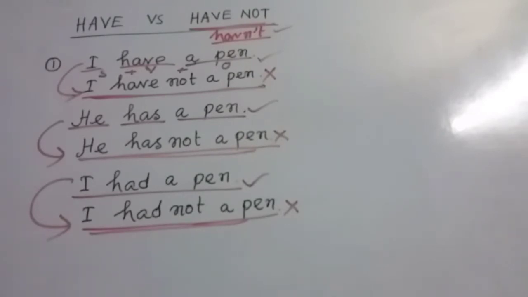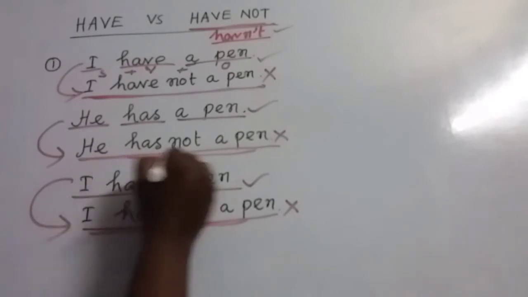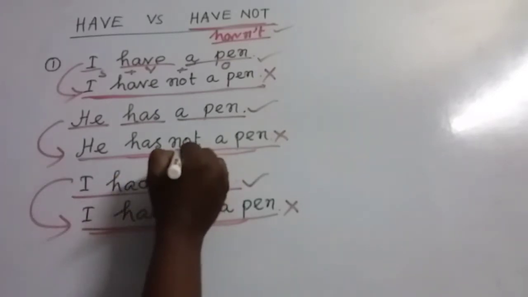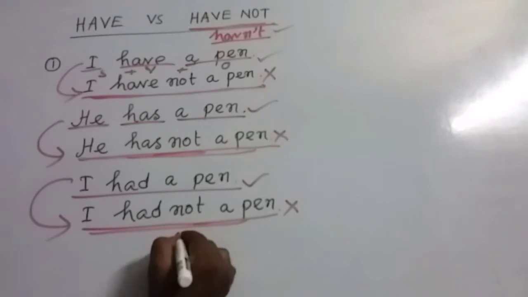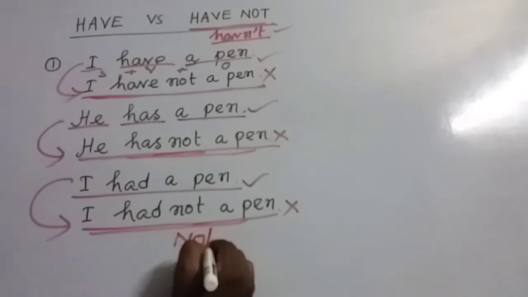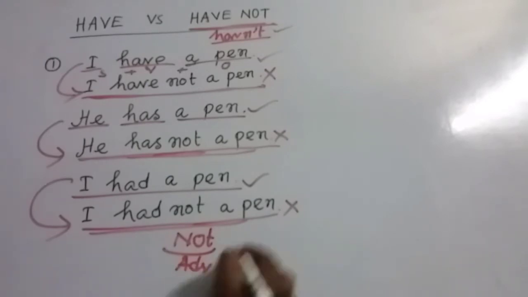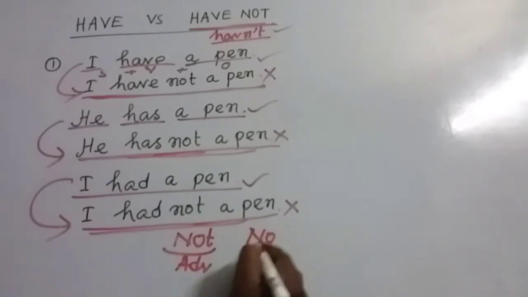Now the question is, why are these wrong? Why are these not correct? Actually, my dear friends, the problem is with this term not. If we think about the part of speech of this term not, it is basically an adverb. And if we think about no, it is basically an adjective.